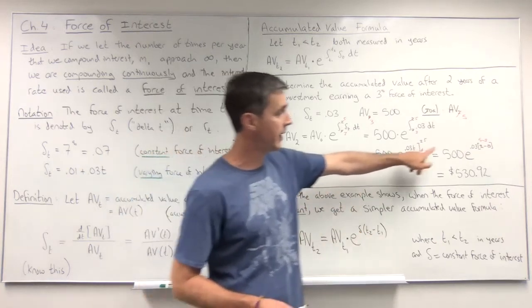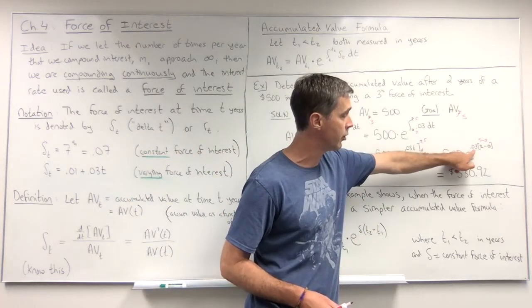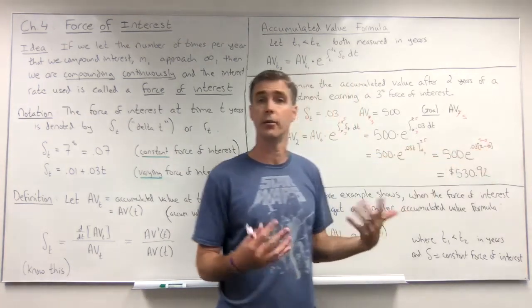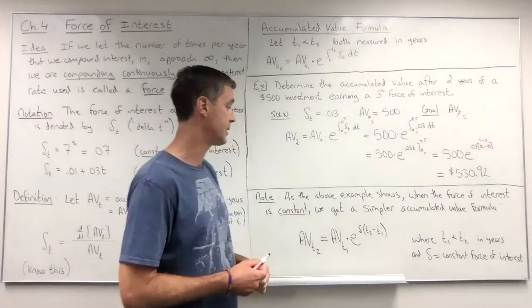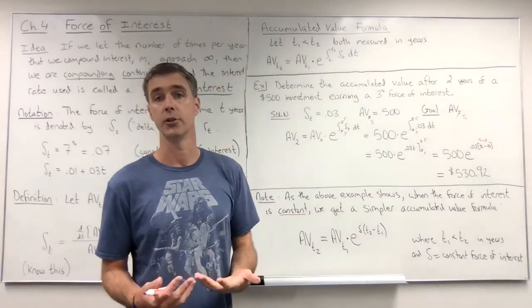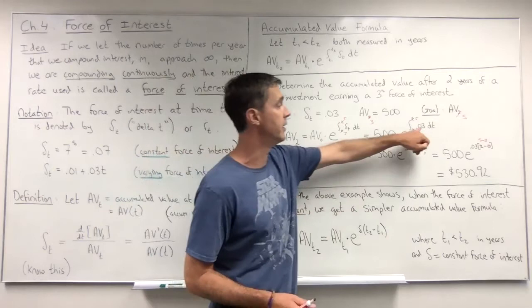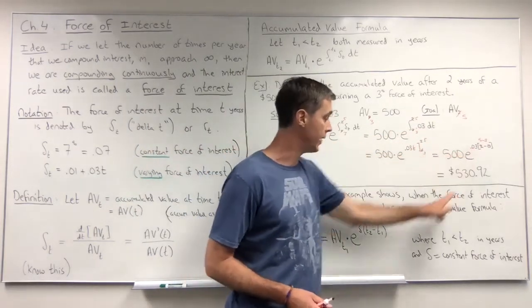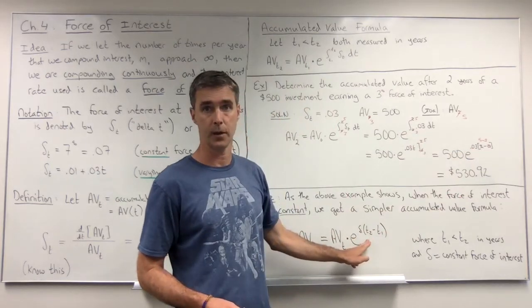That's exactly what happened back here. Our force of interest of 0.03 times 2 minus 0 or times 5 minus 3, whatever the two time stamps were. We don't have to do any integration because the antiderivative of a constant is linear. And when you plug in the bounds, you get to this exact formula, okay?